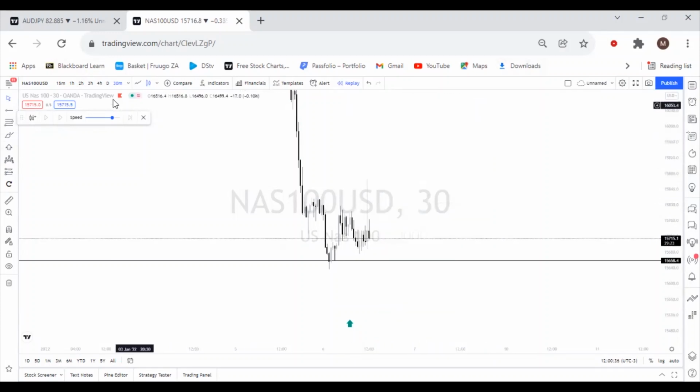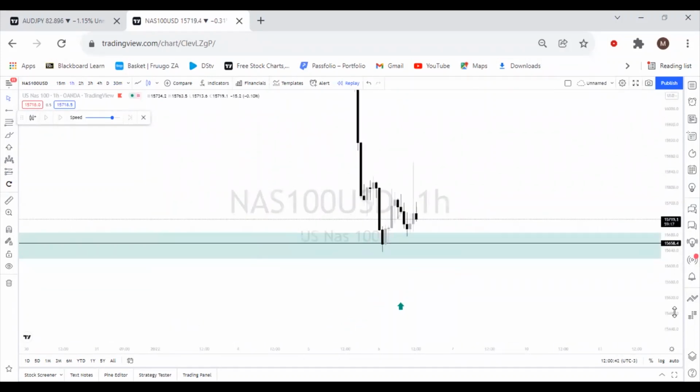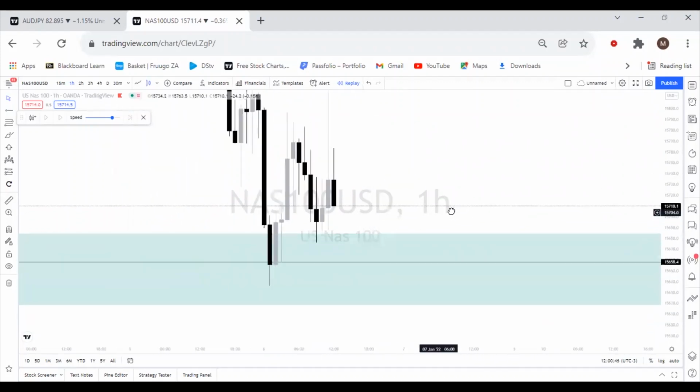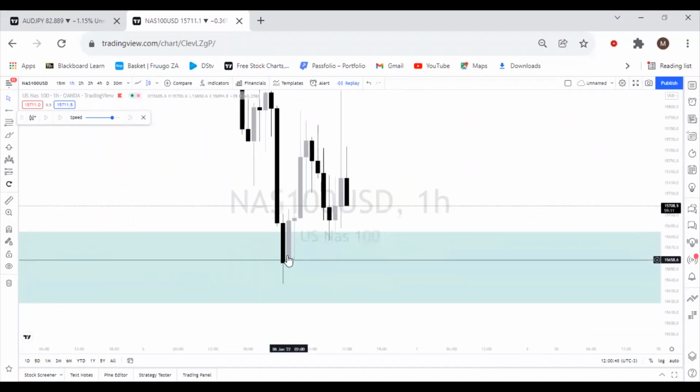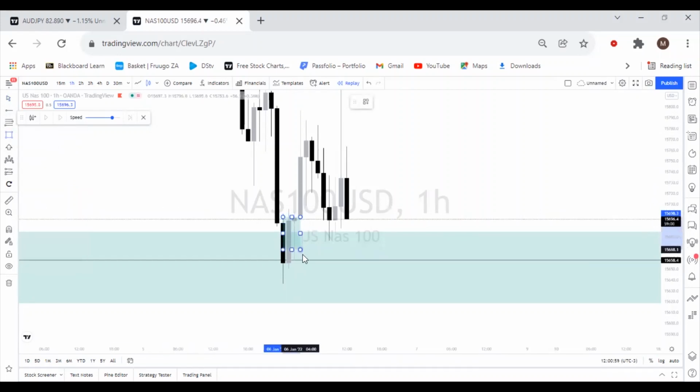Let me just check the confirmation candlesticks and the 1-hour time frame, but then the 1-hour time frame already moved, which means we had this first bullish candlestick and then the second one, which means just these two alone were enough for us to buy Nasdaq.